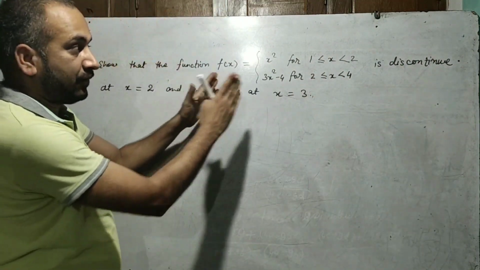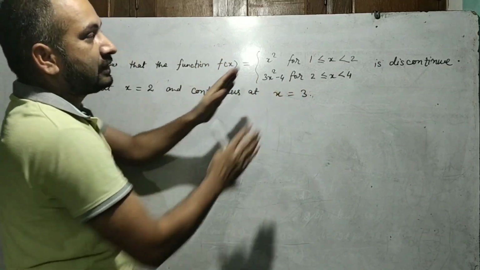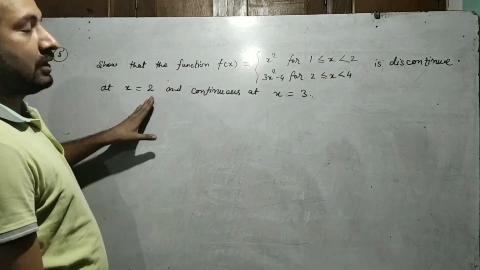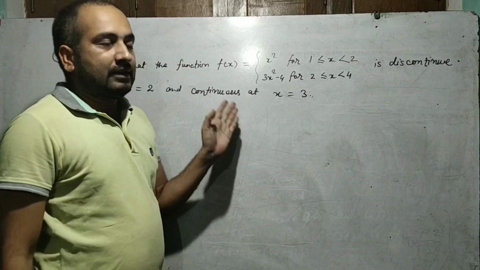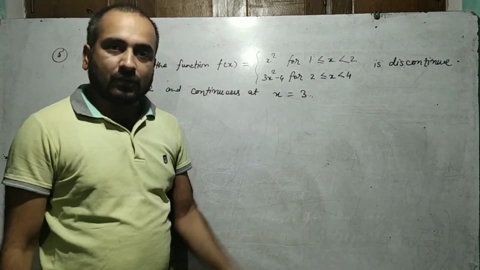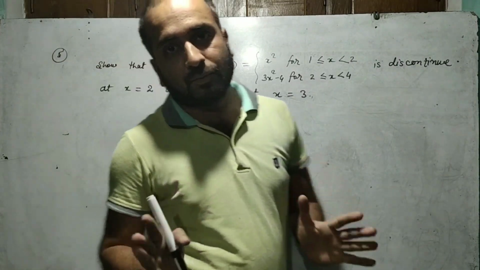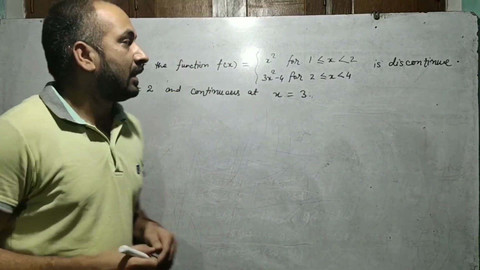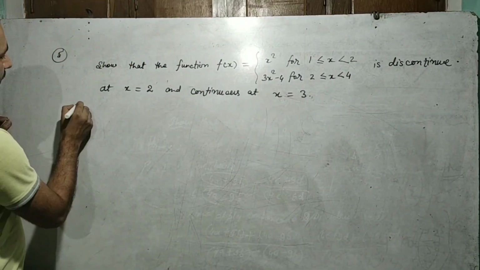We have to prove this function is discontinuous at x = 2, and continuous at x = 3. So we should prove this here, and now we will see the proof.